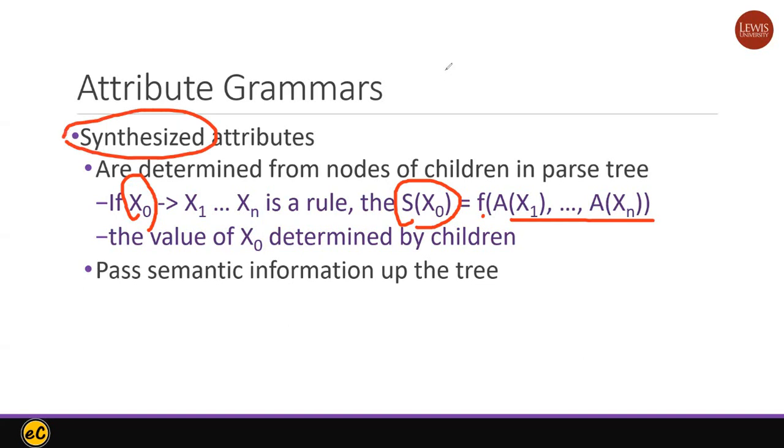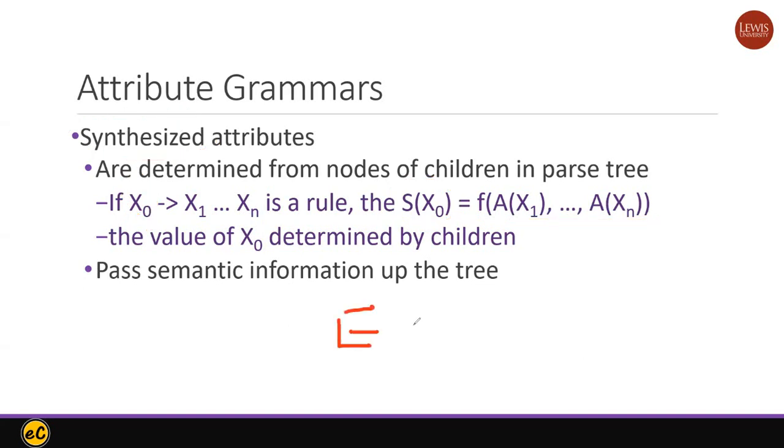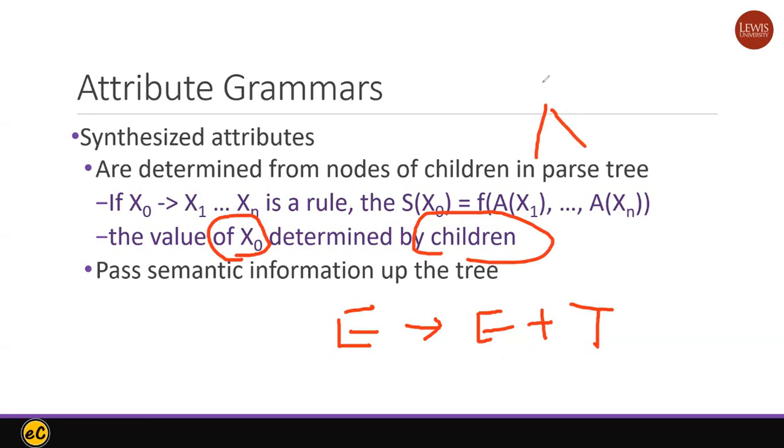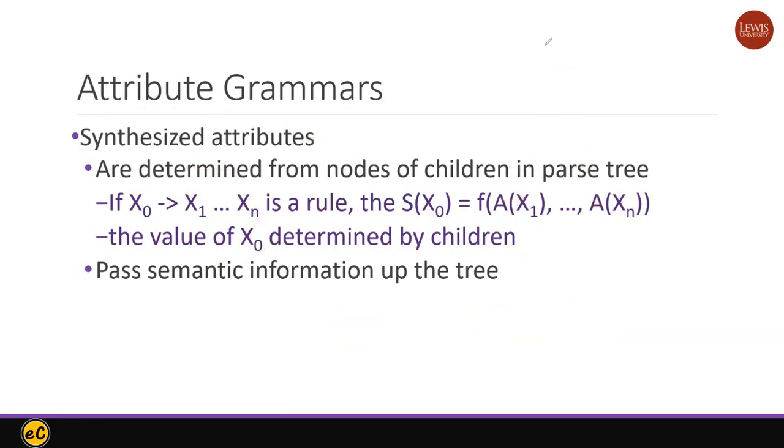So a synthesized value is, for example, an expression from an expression plus terminal. The value of x is determined by the value of the children. So it's purely bottom up, called synthesized attribute. Any question?